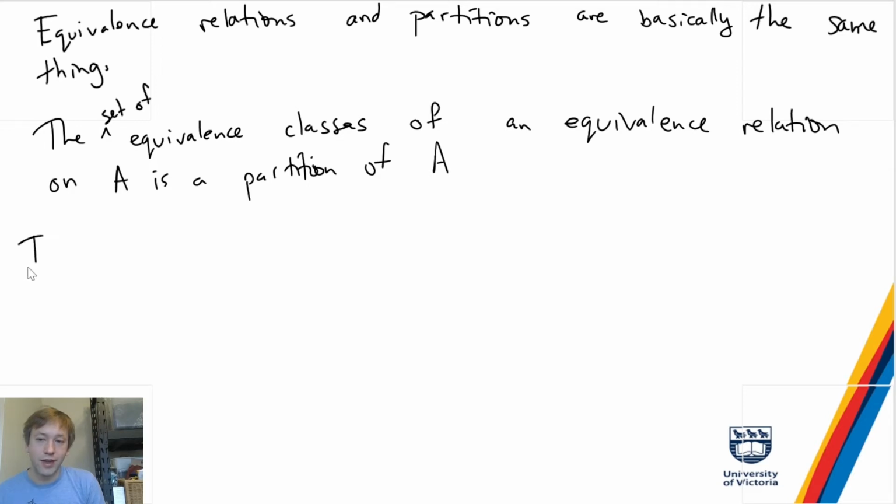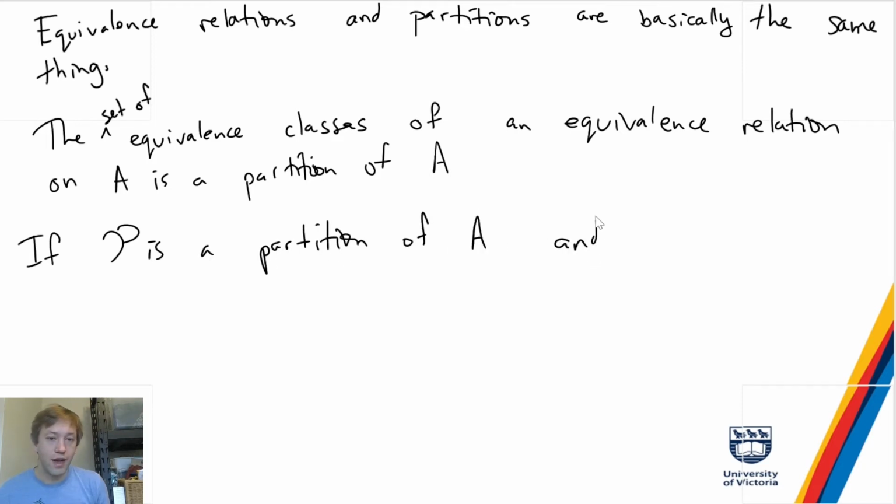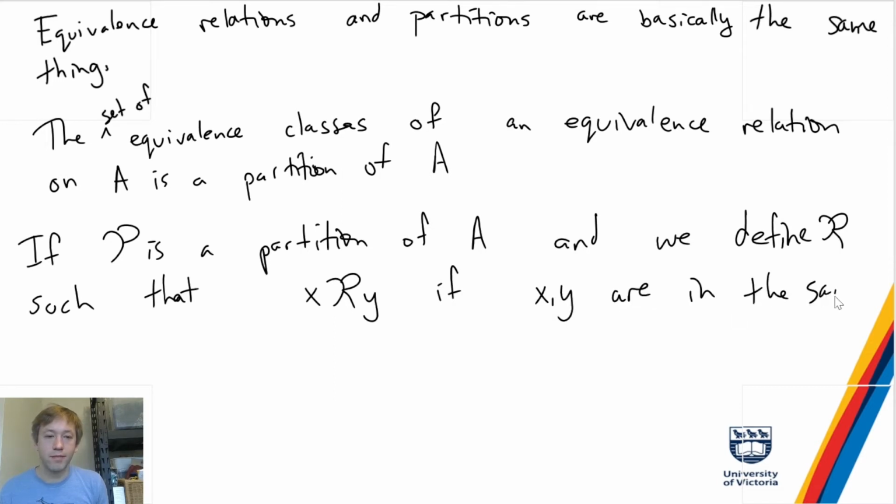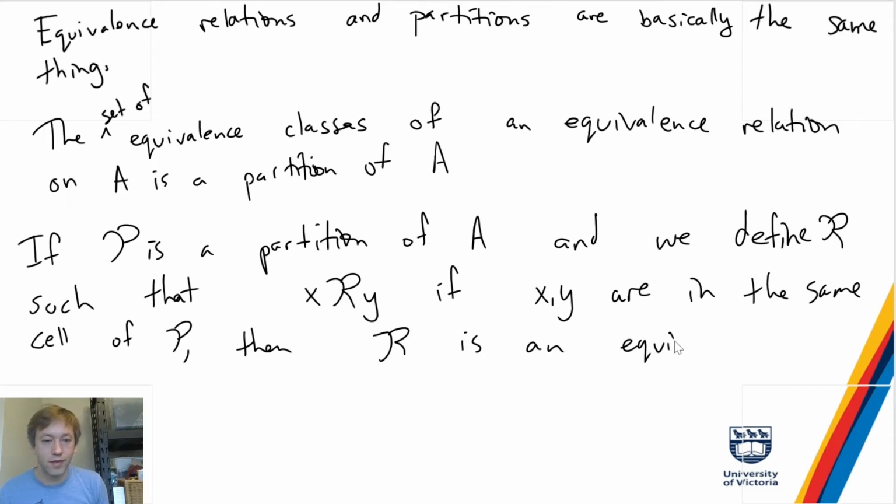So if P is a partition of A and we define R such that x is related to y if x and y are in the same cell of P, then this R that we get is an equivalence relation.